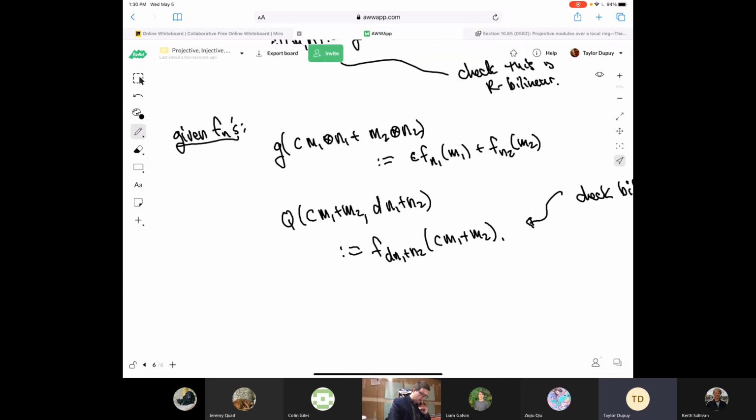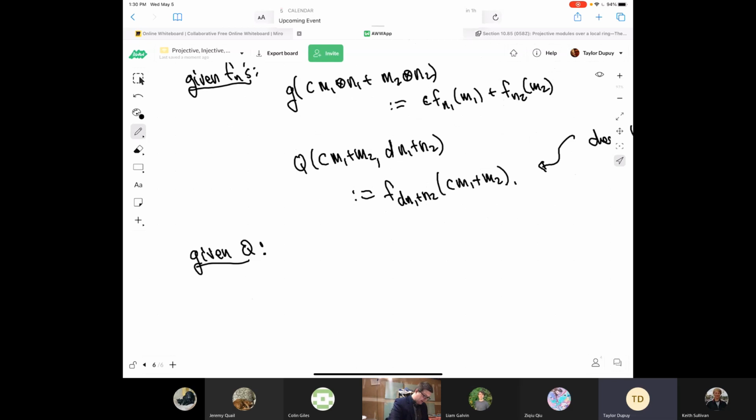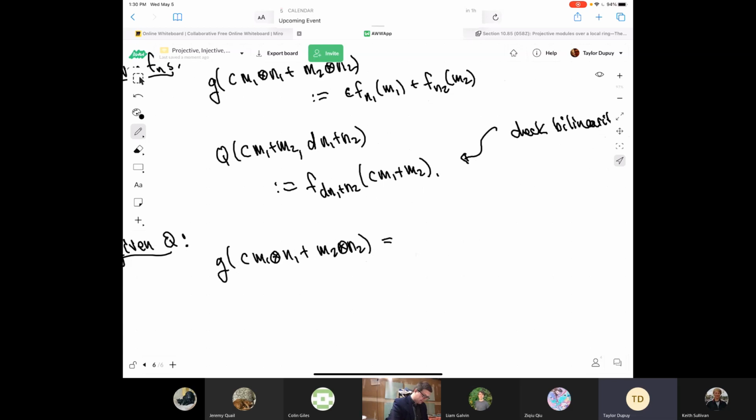Okay. All right, and then given Q, I should just say not Q's, how do we produce G? Well, I need to take G of c M1 tensor N1 plus M2 tensor N2, and I need to define this some way.